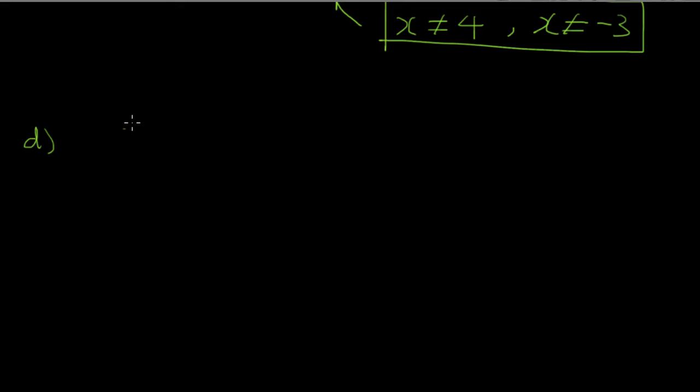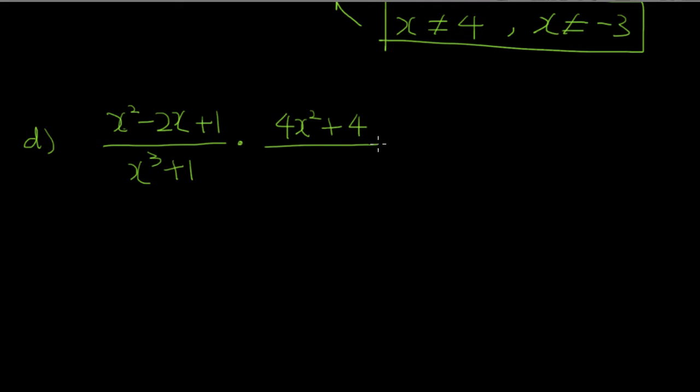So this time we have x squared minus 2x plus 1 over x cubed plus 1, times 4x squared plus 4 over x squared plus x minus 2. So we have one rational expression times another rational expression.